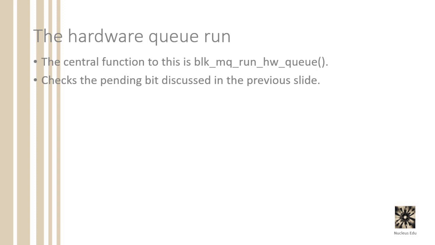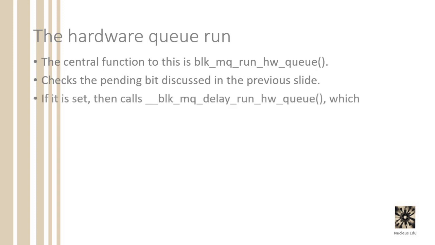And if there are pending requests, then the function block MQ delay run hardware queue is called. So this function ends up running the underscore block MQ run hardware queue function.